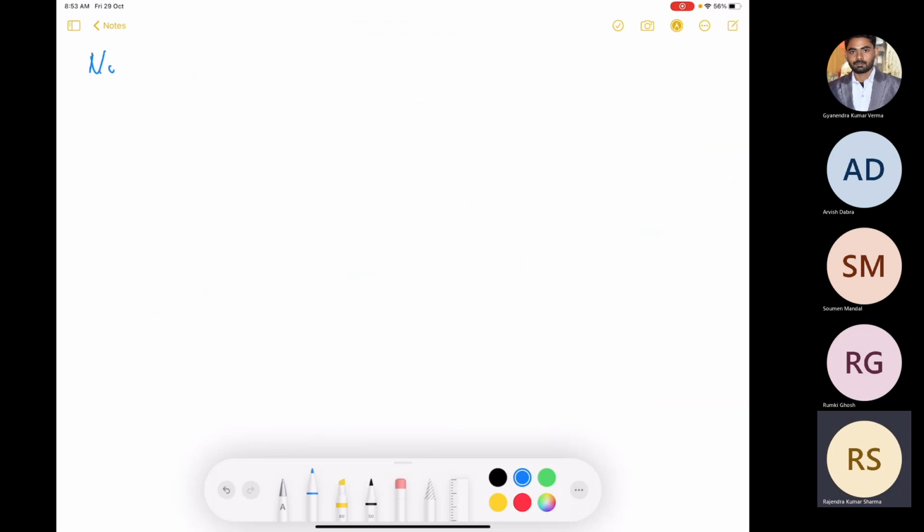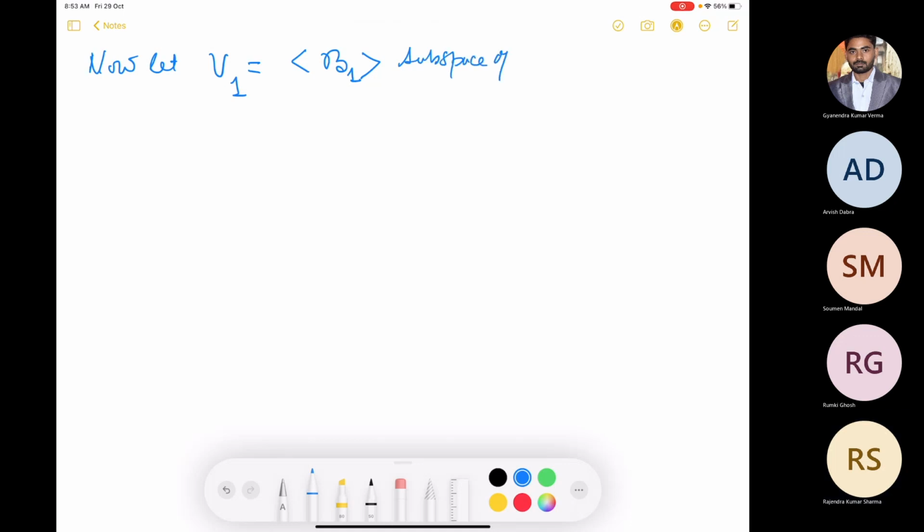So now let us take V1 to be the subspace of V spanned by B1.